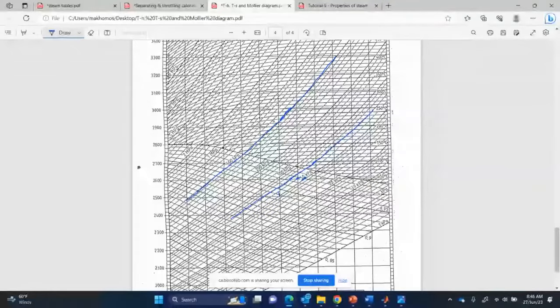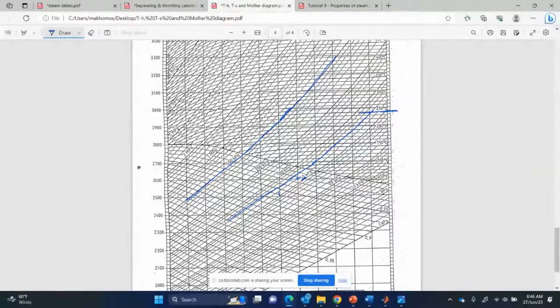Now we determine the first point of steam before expansion at 500 kPa and 250 degrees Celsius. I said that 250 is not where you see 250. The line below 250 is where 250 is. And then you draw a line.